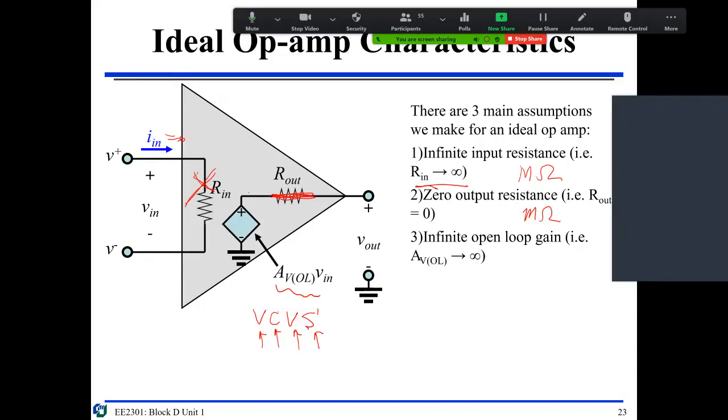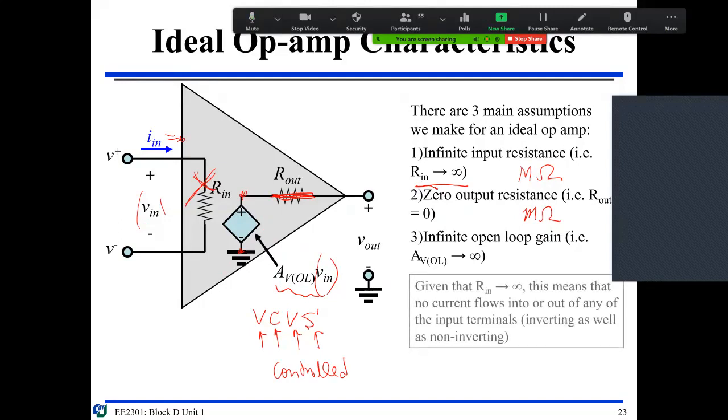The size of this voltage here is proportional to a control voltage. So, voltage controlled voltage source, VCVS. There is no current, so I in is 0.